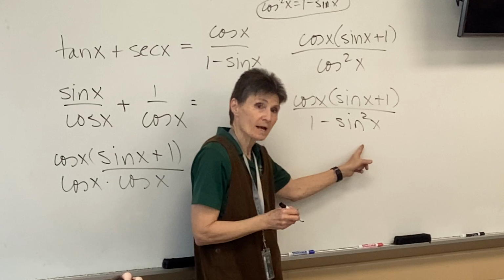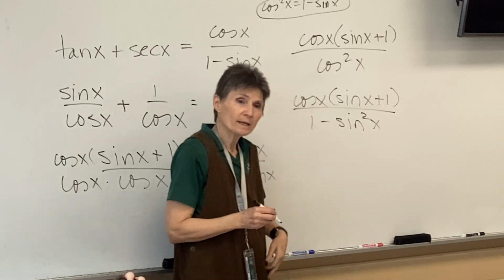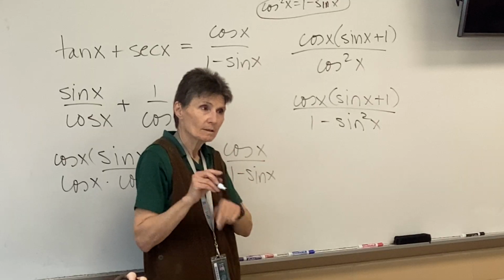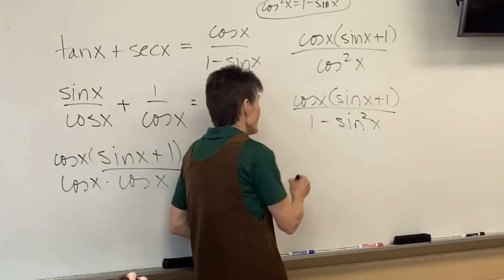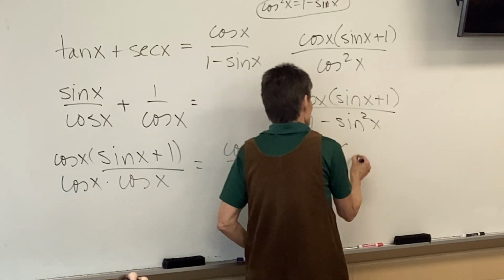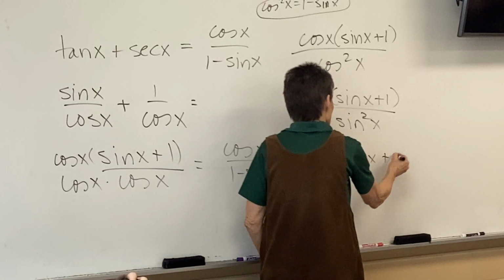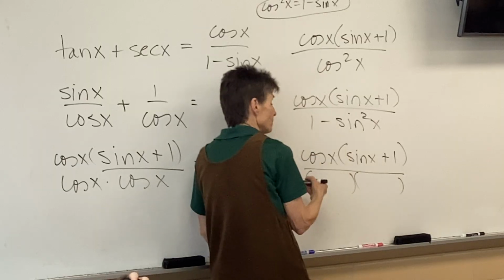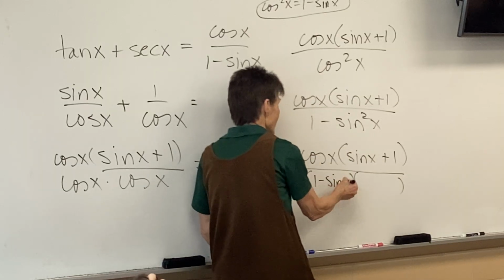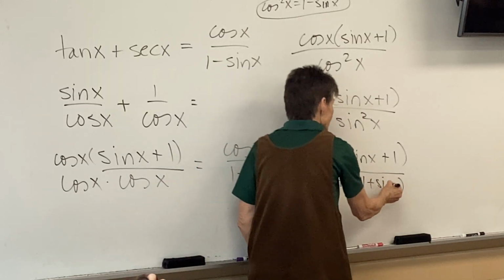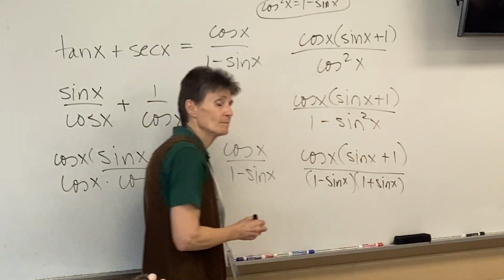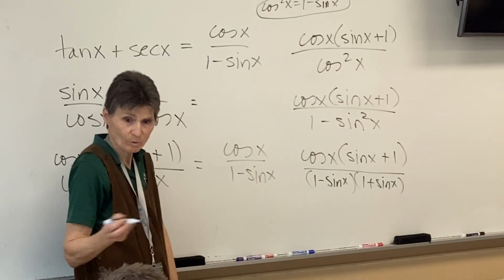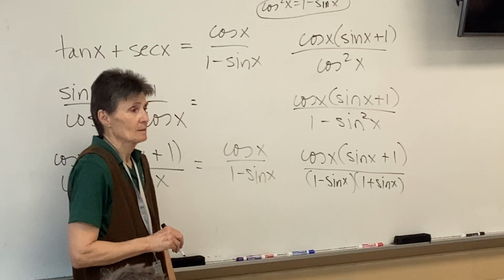1 minus sine squared. And what can I do with the difference of squares? Factor. And how does that factor? How does the difference of squares factor? It would be 1 minus sine and 1 plus sine. Remember that? Like x squared minus 9, x plus 3, x minus 3, same thing.